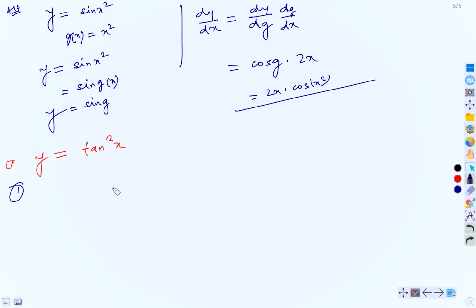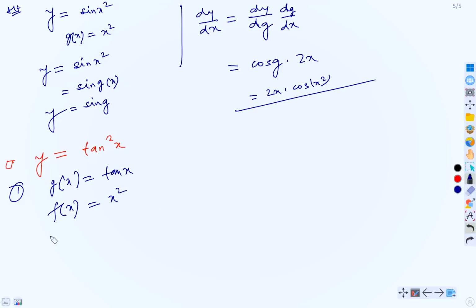Well, it is a bit tricky here. We have our g(x) equals tan x and our f(x) is x square.